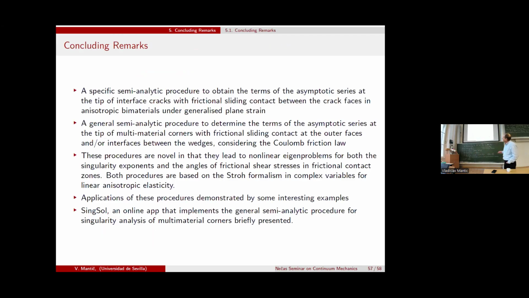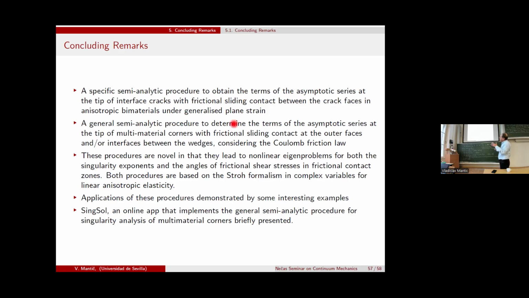always perfect agreement. So I have shown you first a specific semi-analytic procedure to obtain the terms in the asymptotic expansion in the neighborhood of the tip of the interface crack with frictional sliding contact for any kind of anisotropic material and under generalized plane strain.